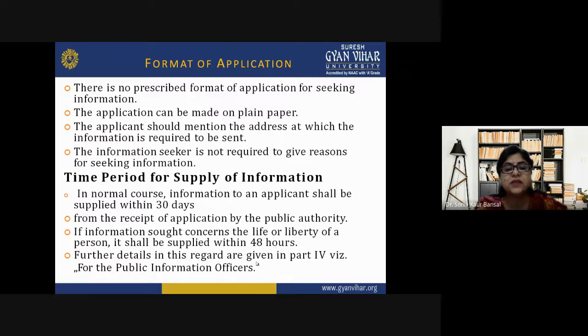If the information sought concerns the life or liberty of a person, it shall be supplied within 48 hours. If there is any danger to life and the person is seeking information, then within 48 hours this work will be done. Further details in this regard are given in part 4, for the public information officers.